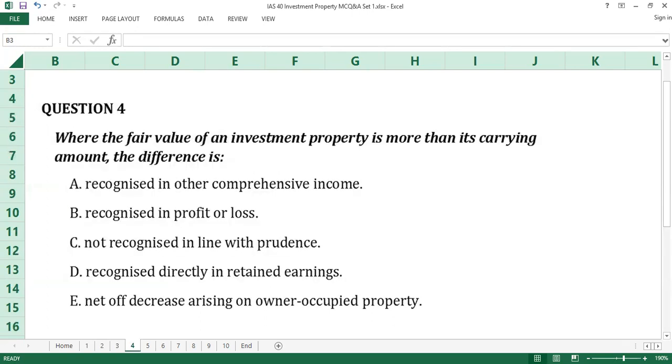Question number 4. Where the fair value of an investment property is more than its current amount, the difference is dash. A. Recognized in other comprehensive income. B. Recognized in profit or loss. C. Not recognized in line with prudence. D. Recognized directly in retained earnings. E. Net of decrease arising on owner-occupied property. Time counts.